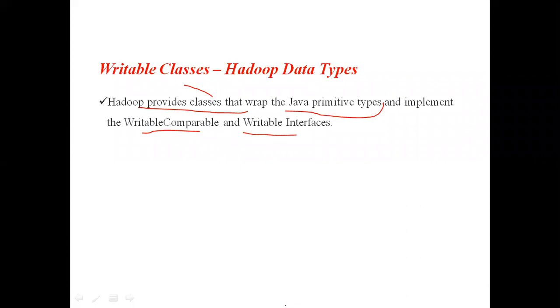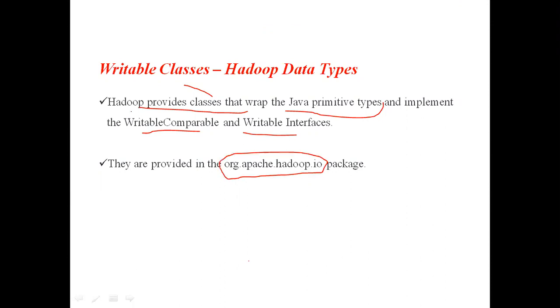When we are using them for value fields, they must implement the Writable interface. Hadoop provides classes that wrap the Java primitive types. All these writable wrapper classes are available in the org.apache.hadoop.io package.